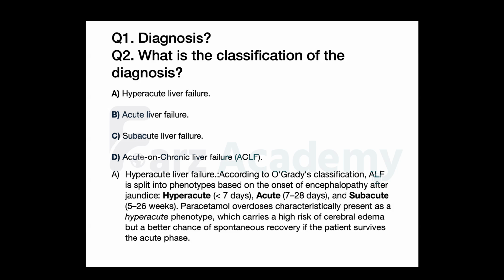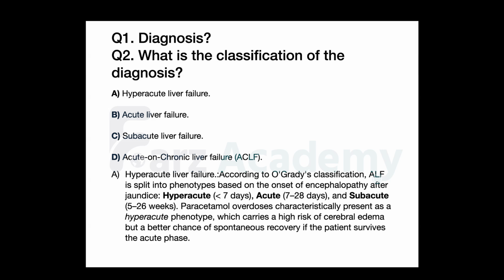However, if the history is very well taken, then you can suspect that if it's coming in less than 7 days, it is highly likely paracetamol or acute viral hepatitis A, not the other ones, because the other ones have a longer course.